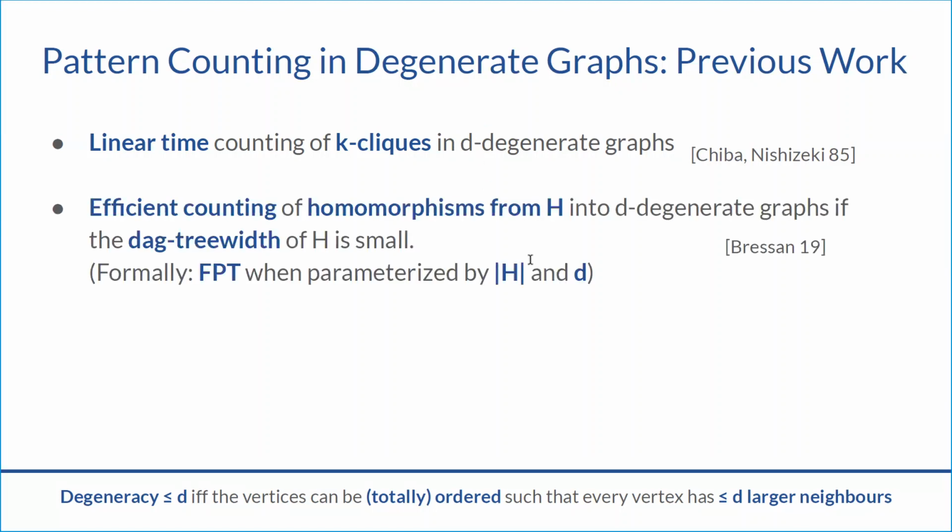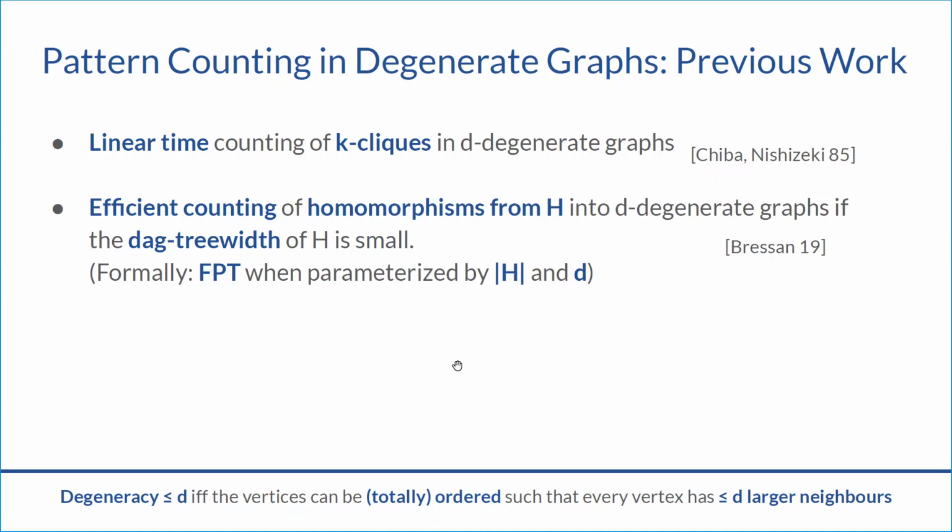Much later, Bressan came up with an algorithm for counting homomorphisms from a graph H into a degenerate graph. And more precisely, he showed that the algorithm is efficient, that is fixed parameter tractable when parameterized by H and by D, whenever the so-called DAG tree width of the pattern is small.